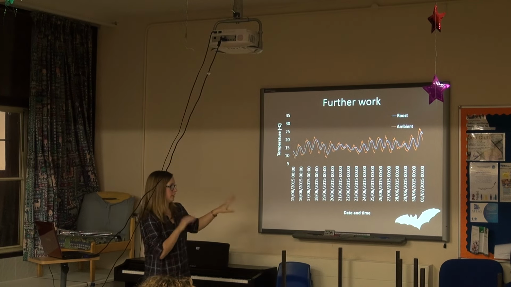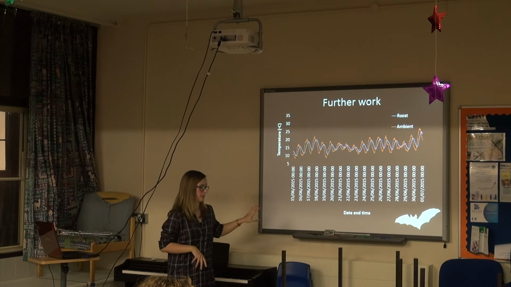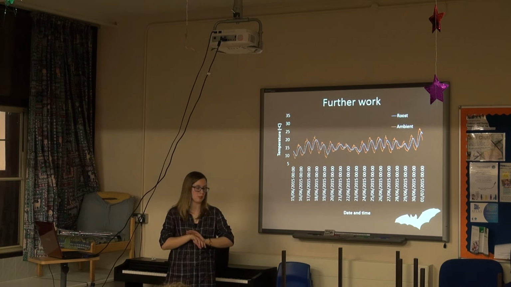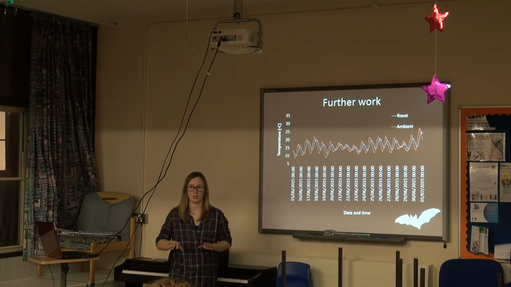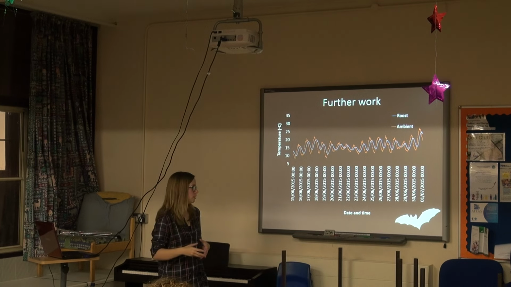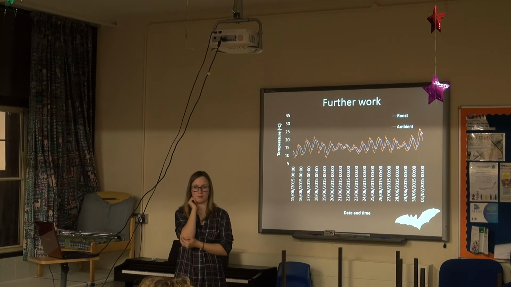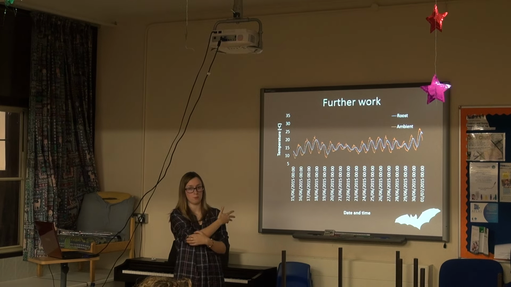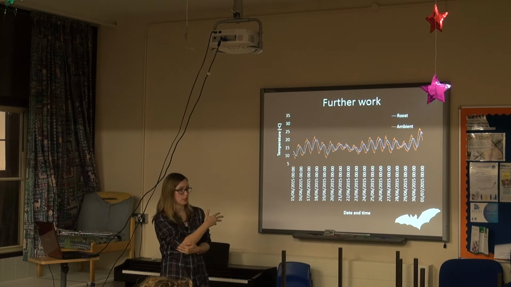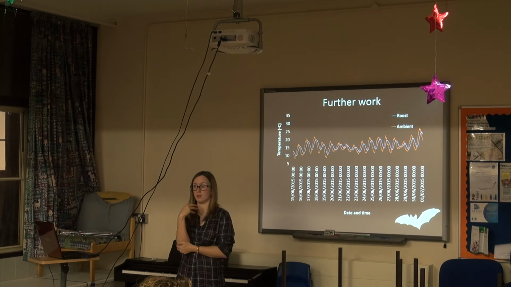Also, my theory on this is that Bechstein's bats that are present in the woodland are really associated with semi-natural ancient woodland. They seem to really like stable temperatures from previous studies, and also even from my study, with the little bit of data that you can see. They're the ones that like those really stable temperature roosts.